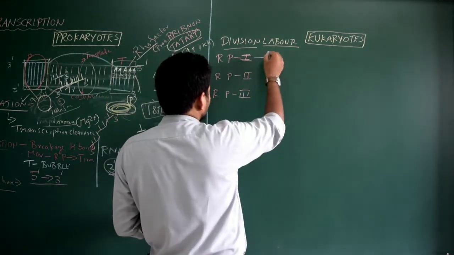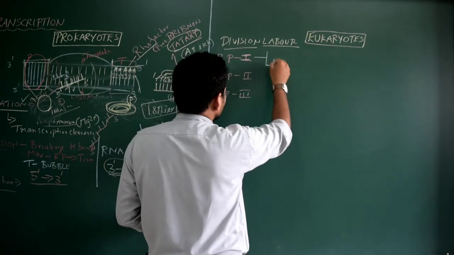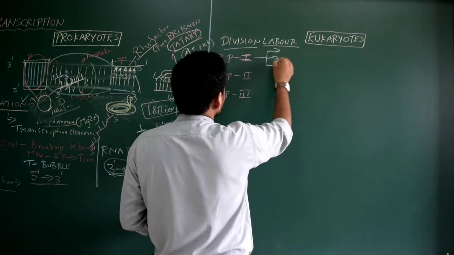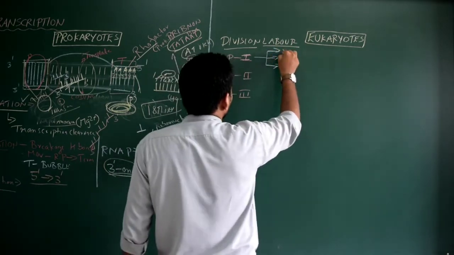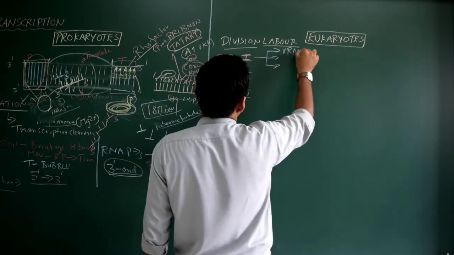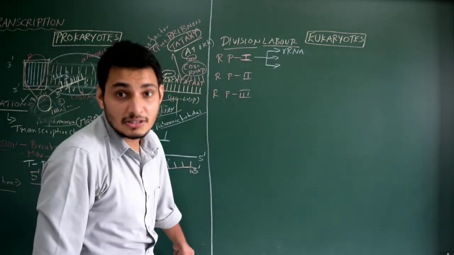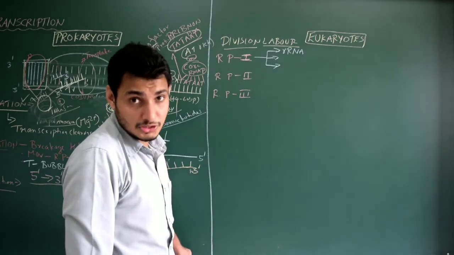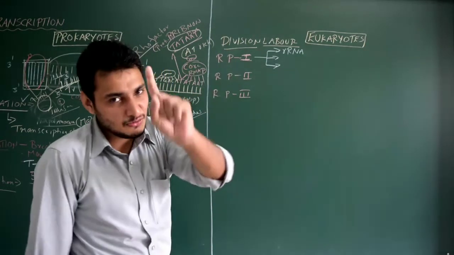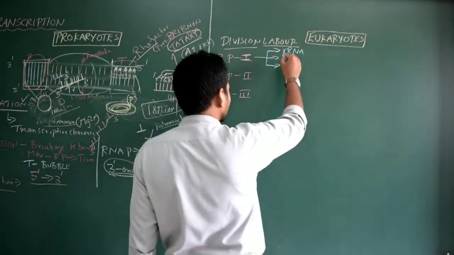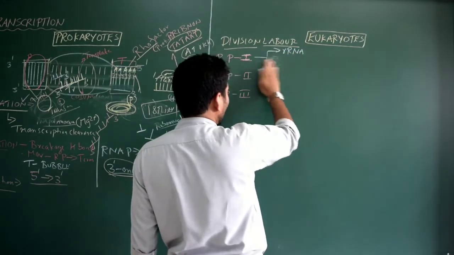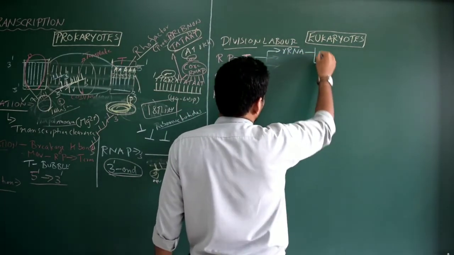Here RNA polymerase 1 is essential for the synthesis of a type of RNA called rRNA. So you may get a question: rRNAs are synthesized in eukaryotes by RNA polymerase 1. Particularly in rRNA there are 3 types. Let me just write.